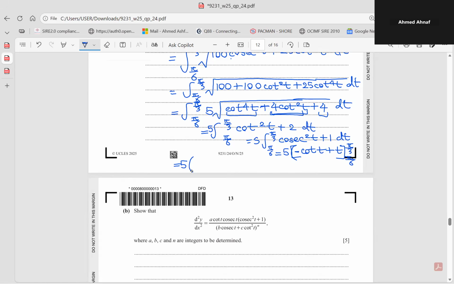Substituting pi over 3, 1 over tangent pi over 3 is square root 3 over 3, so this is minus square root 3 over 3 plus pi over 3, minus negative cotangent t, so plus 1 over tangent pi over 6, which is square root 3, minus pi over 6.